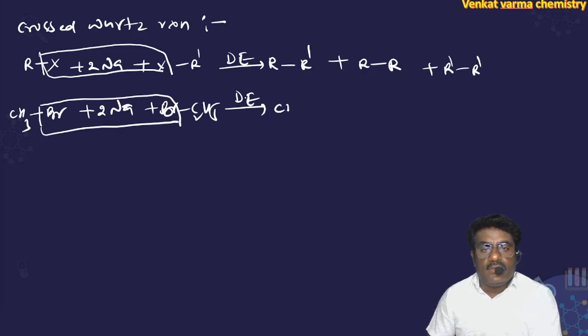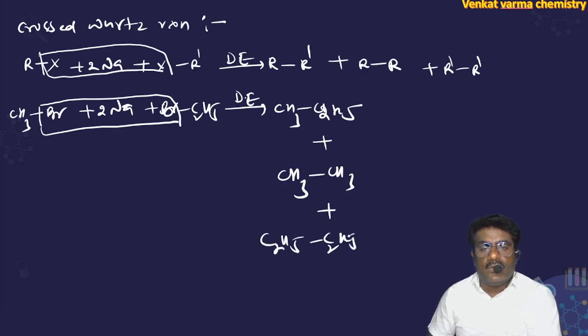First of all, CH3 CH3, one type of compound. Then CH3 C2H5, another type. Then C2H5 C2H5, another. So it is a mixture of alkanes.